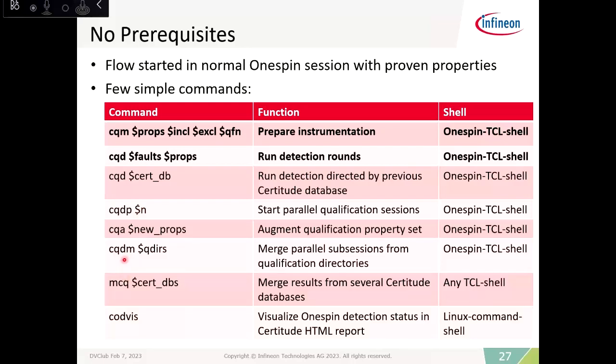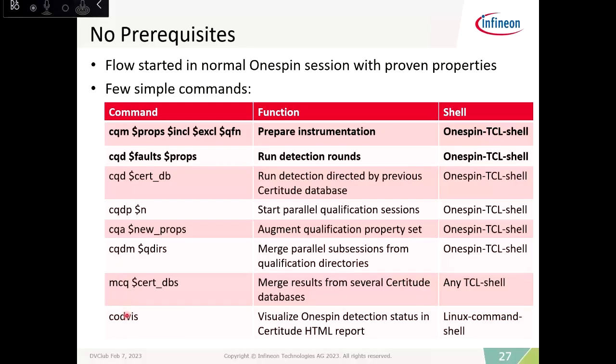Then there's another command, the MCQ command, which allows merging results for the same design with different instrumentations, which, by the way, also allows simulation results, qualification results from simulation, to be merged with formal qualification results. It's quite interesting.